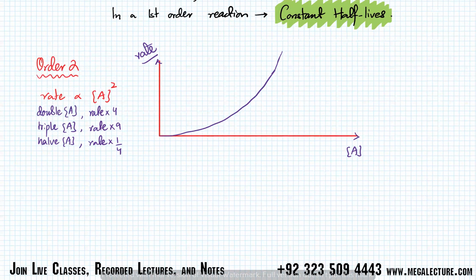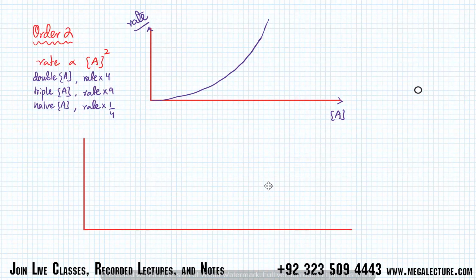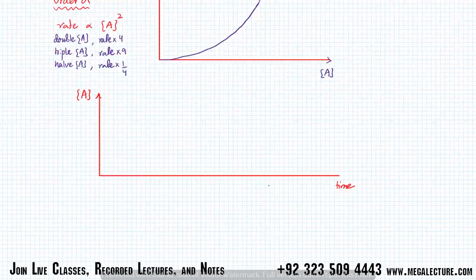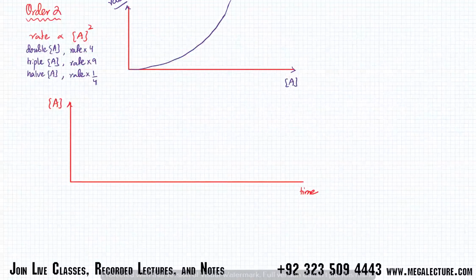So now the second graph was, if you were to sketch or plot A's concentration with respect to time throughout a particular reaction. So how would it look? So remember, the difference now is that as a reaction proceeds, as A's concentration decreases, remember the rate will slow down by a much bigger amount.